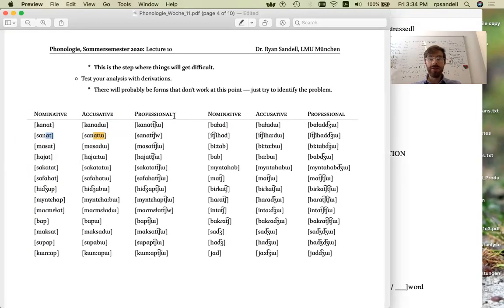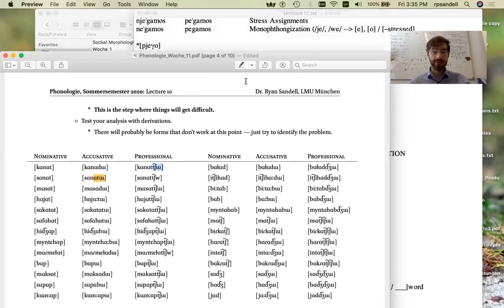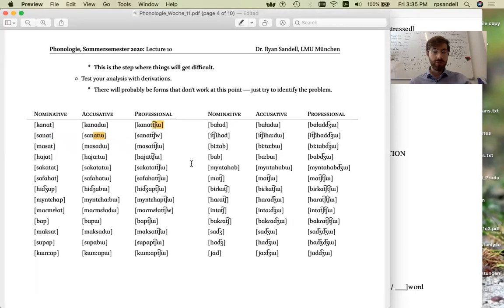Now, let's take a moment and perhaps look a little more closely at the professional forms, because what appears interesting here is to see that in the professional forms, in the alternating type here, we have the voiceless allomorph of the professional suffix.